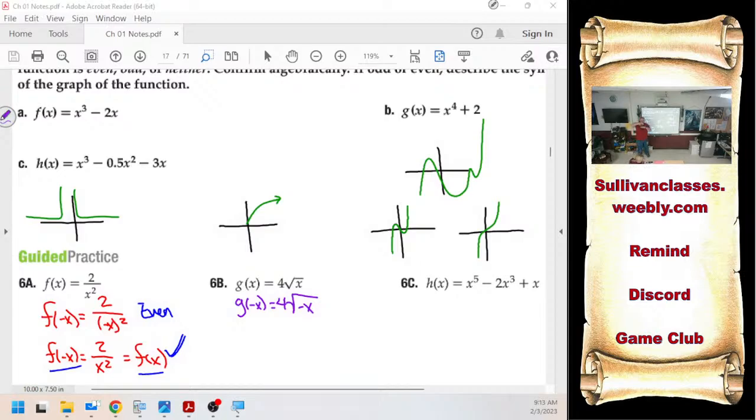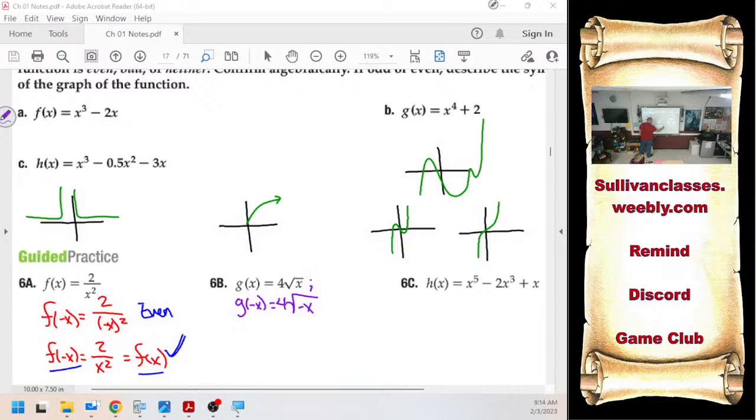Well, because if it's symmetric to the x-axis, then it's not a function because it won't pass a vertical line test. If I put in a negative x, well, I'm just kind of screwed, ain't I? Because now I wasn't allowed to have negative numbers anyway.